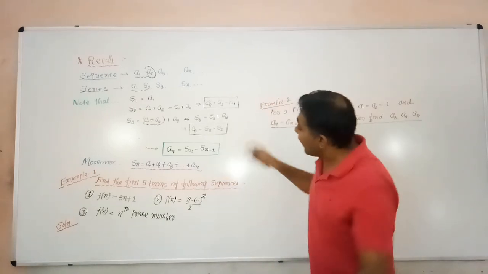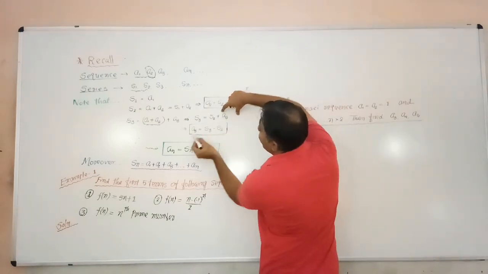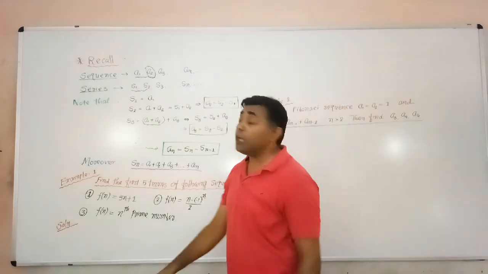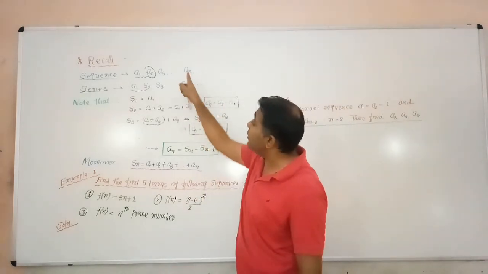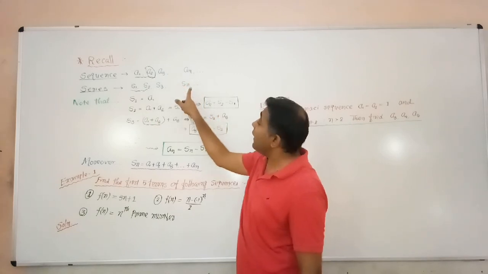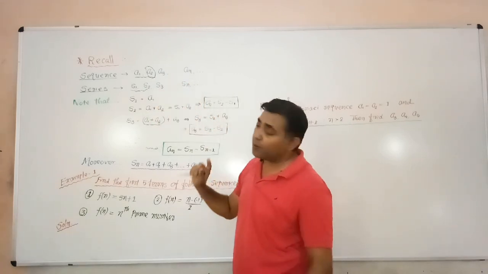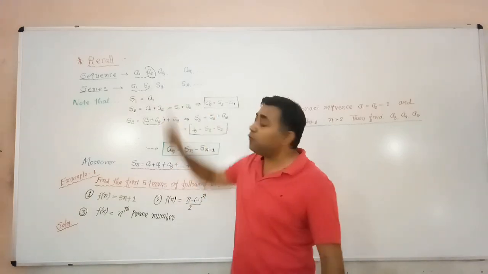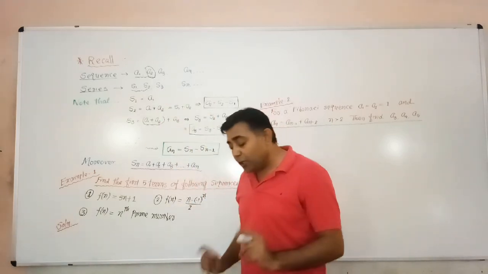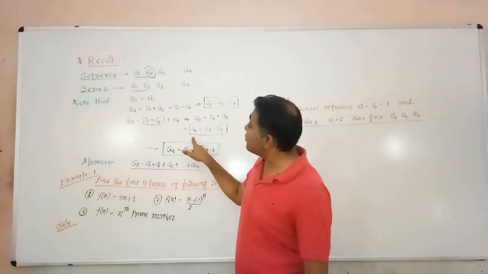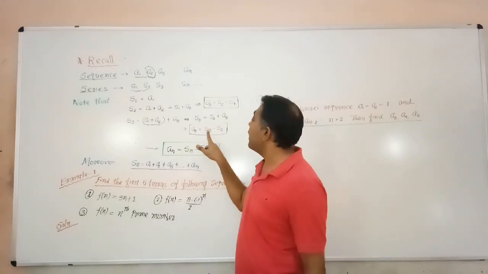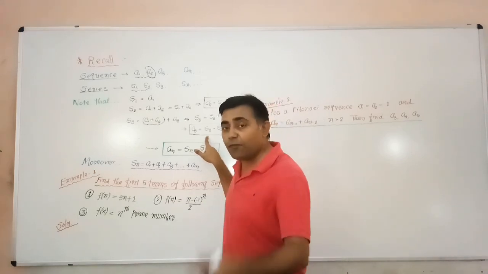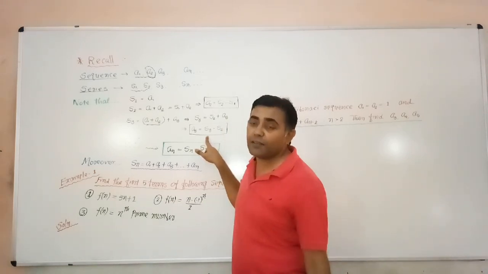From this we calculate A3 as S3 minus S2, and so on. It means there is a relation between An and Sn minus 1. Suppose you select the fourth term of the sequence, then you easily say that A4 equals S4 minus S3. Similarly, A5 is S5 minus S4.